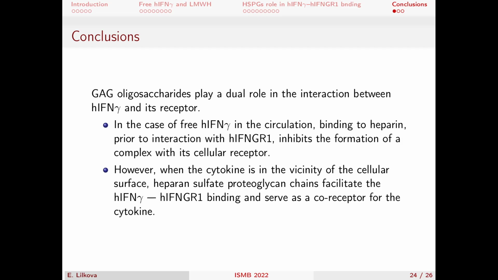But on the other hand, we found that heparan sulfate oligosaccharides are necessary to be present in close vicinity to the receptor, so that they can facilitate in the role of co-receptors the formation of the human interferon gamma receptor complex.